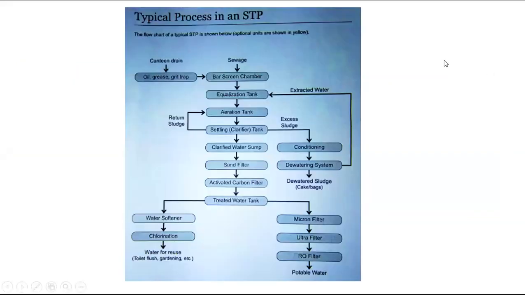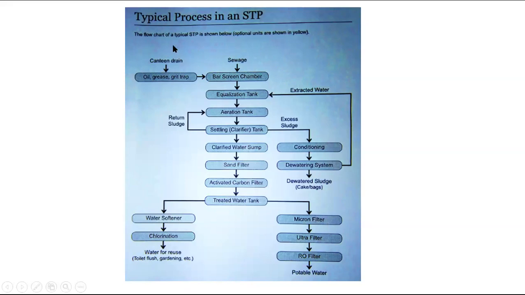So this is a schematic flow diagram of a typical sewage treatment plant. The inlet sewage goes into the bar screen chamber. First of all, this is the first chamber. We have to connect the sewage pipeline to the bar screen chamber. This is the entry of the STP.